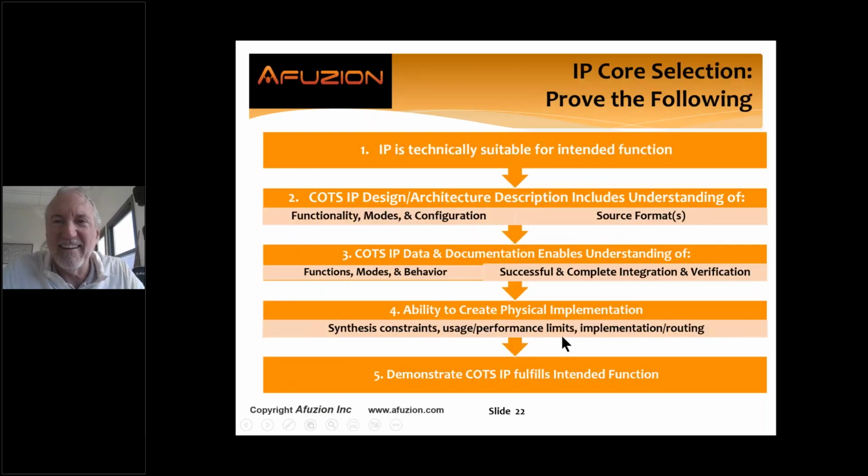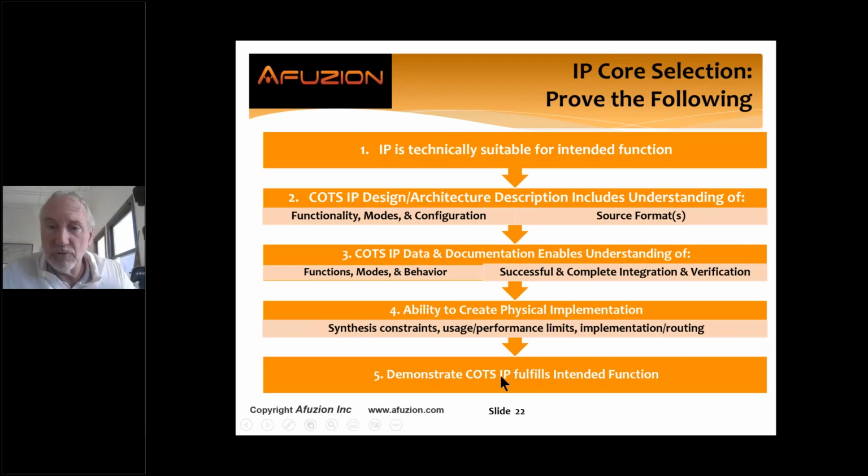Okay. Now, how did you select the IP core? You have to show that the IP is actually suitable for the intended function. Your PHAC summarizes this. What's the design, architectural choice? What data are you going to use? How do you physically create that implementation?